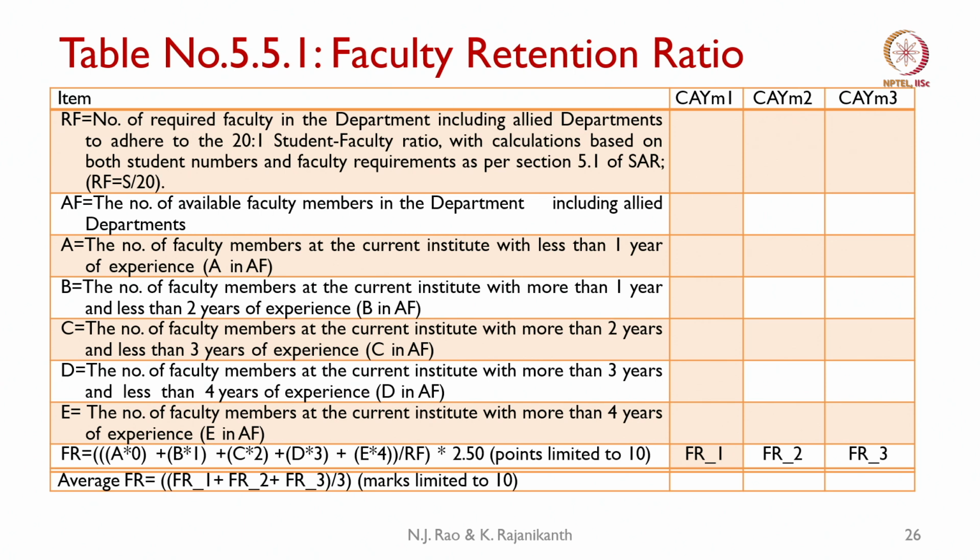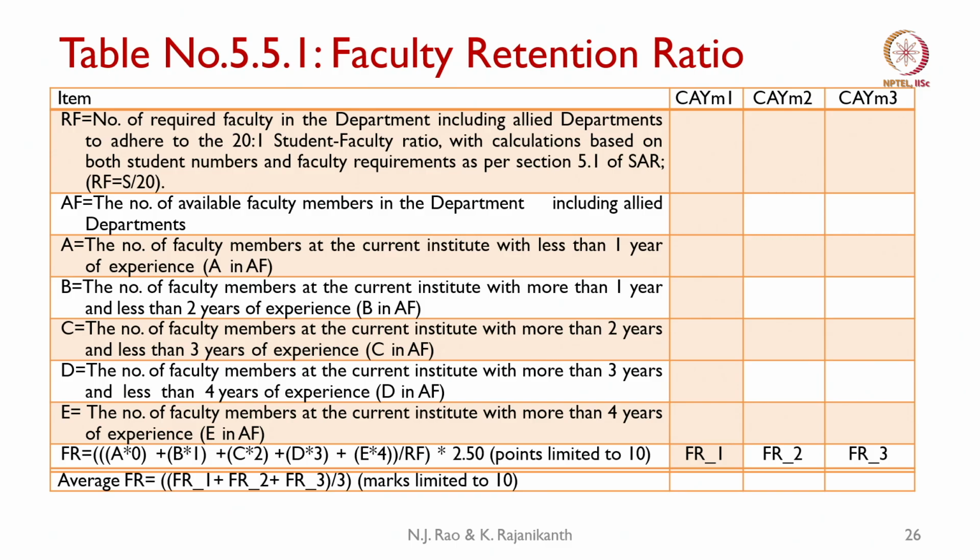And it is very important, if it is A, the multiplier is 0, which means that you can have available faculty equal to required faculty, AF is equal to RF, but all the faculty available are in category A, that is with less than 1 year of experience.